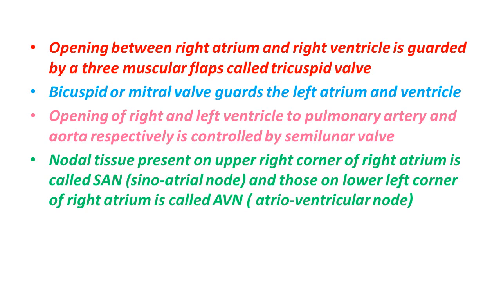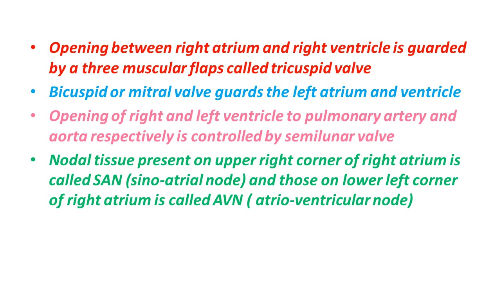Valves in the heart allow the flow of blood only in one direction. That is the important role of this valvular structure in our heart, that it regulates the flow of blood in one direction, for example from the atria to the ventricles and from the ventricles to the pulmonary artery or aorta.